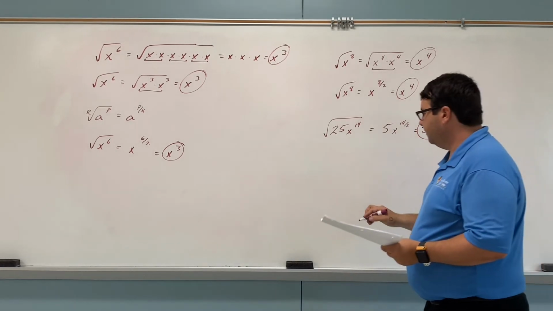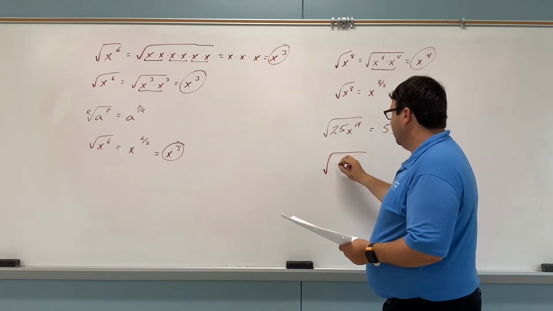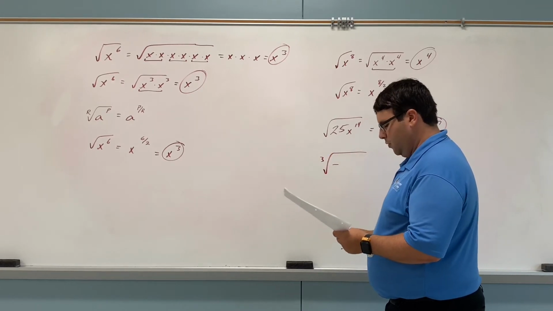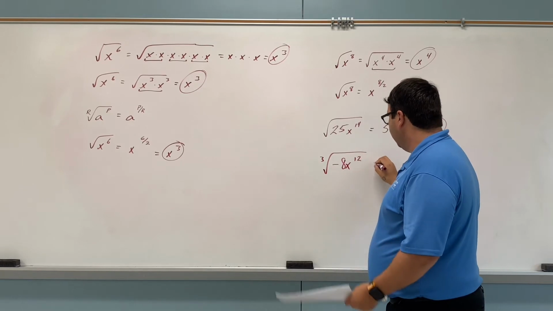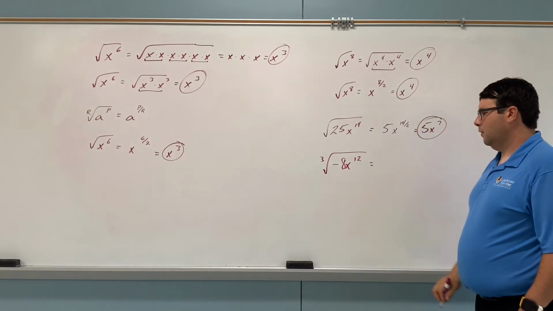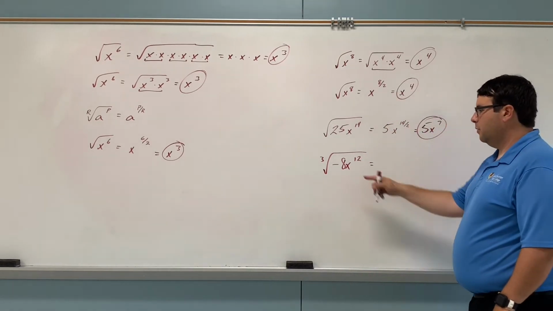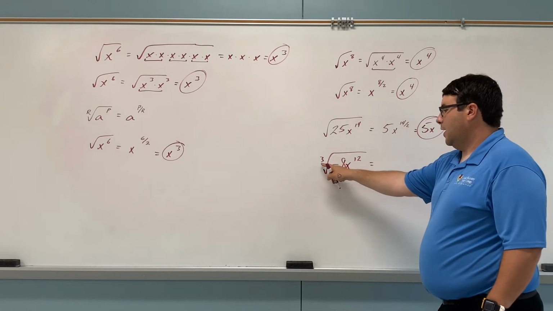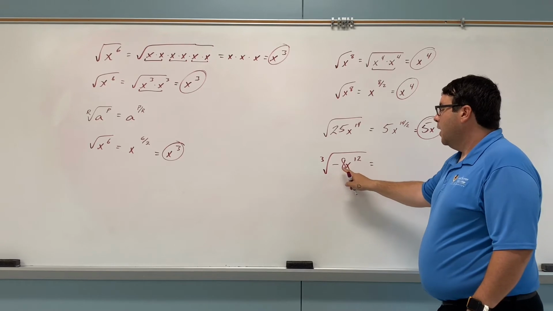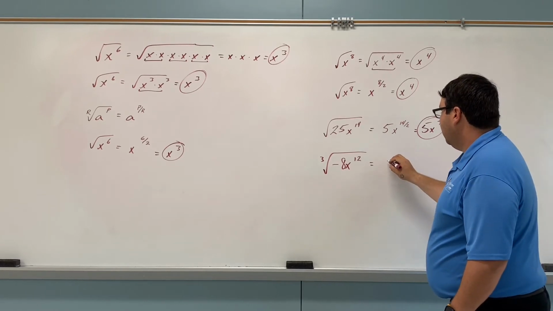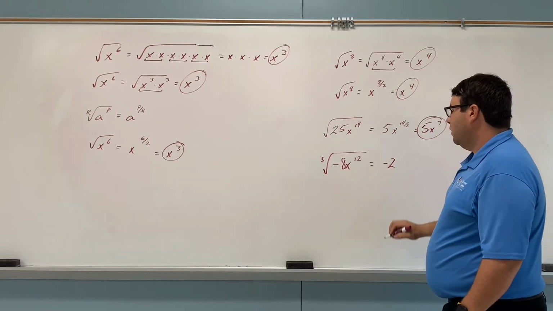Let's try another one. This is the cubic root of negative 8x to the 12th. Cool. Cubic root of 8, that is an odd root index, so I can't lose the negative here. Remember that. Cubic root of 8 is going to be 2, so that's a negative 2.